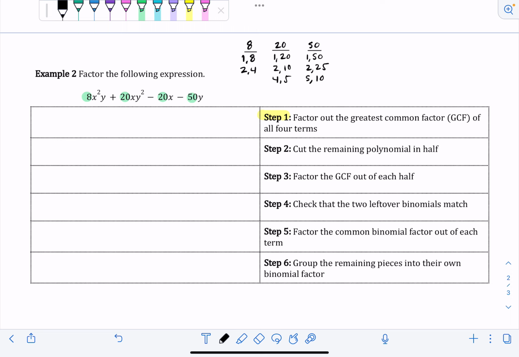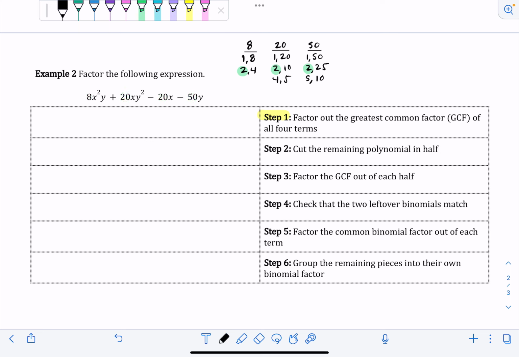So it looks like the greatest common one we have is just 2. It feels like it should be a little bit bigger, but 8 and 20 both have 4, but 50 isn't divisible by 4, so we can't do that. So the greatest one they have in common is 2.